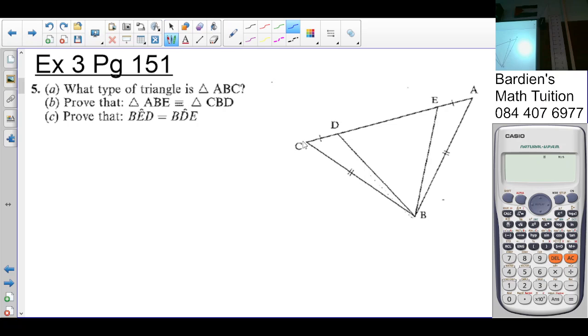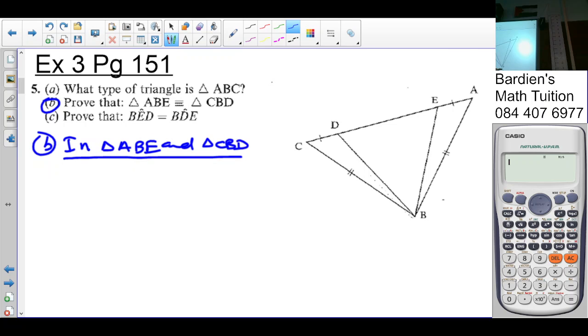Let's look at B. B says prove that. So how do I start off? I say in triangle ABE and triangle CBD.